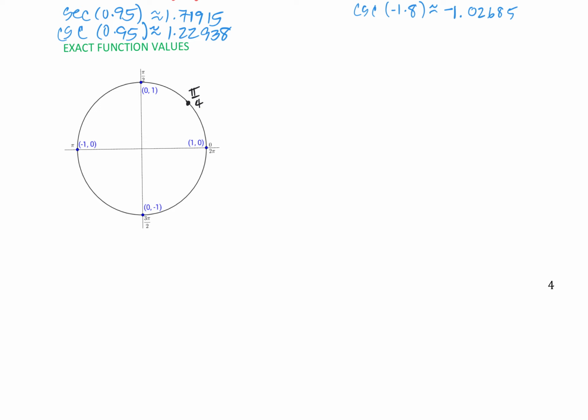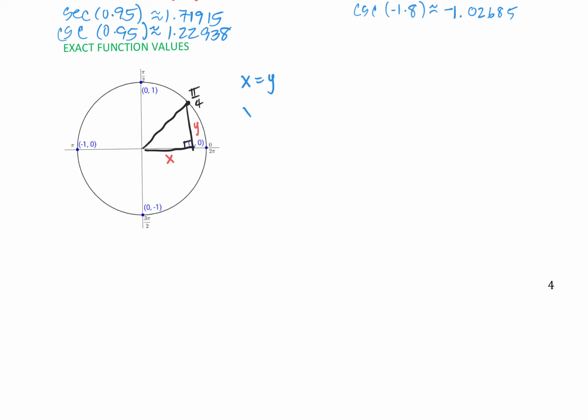If I go ahead and drop myself a right triangle, and it may not look like it is because my drawing's a little sketchy, my x value and my y value are going to be equal to each other. Because this is the halfway point in quadrant 1, the x and the y values are going to be the same. So I do have that x is equal to y at this particular point.